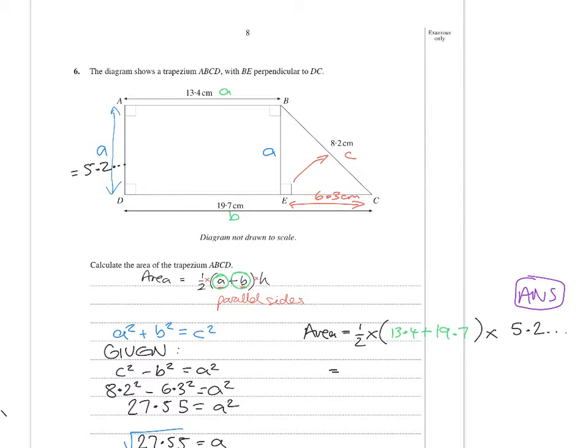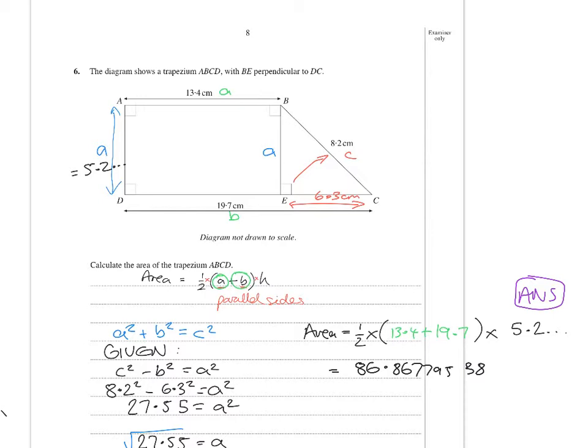So I'm going to get 1 over 2 times by, and then 13.4 plus 19.7, close brackets, times by ANS, and if you've done the same thing as me, you should get the answer 86.86779538.